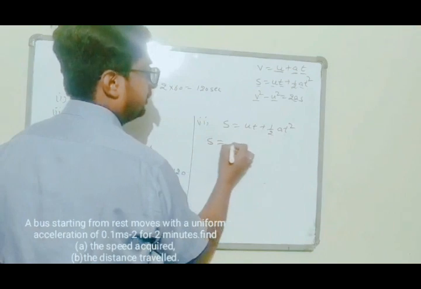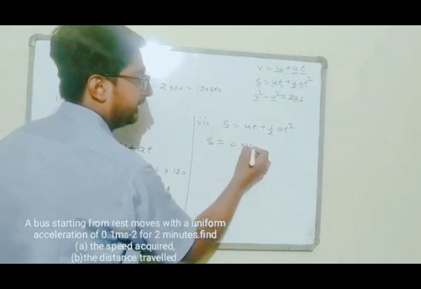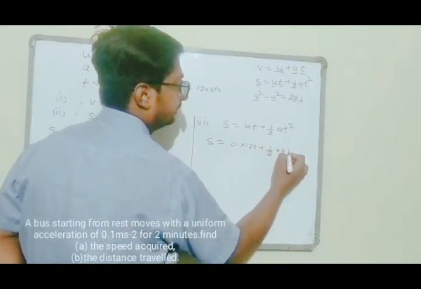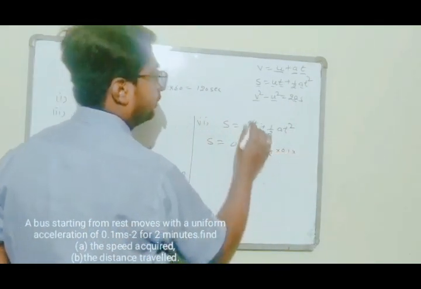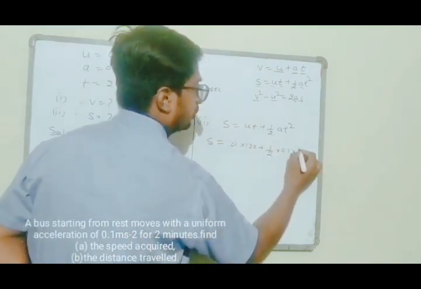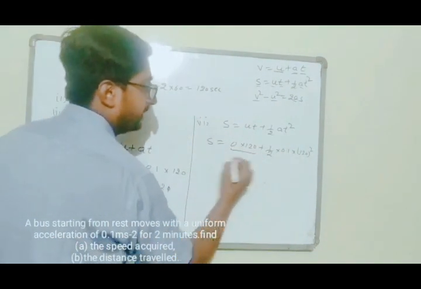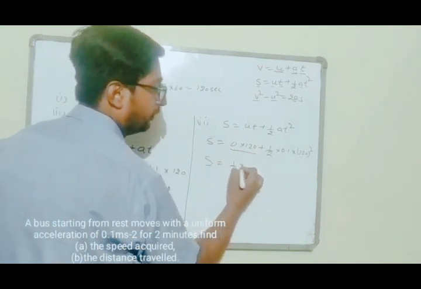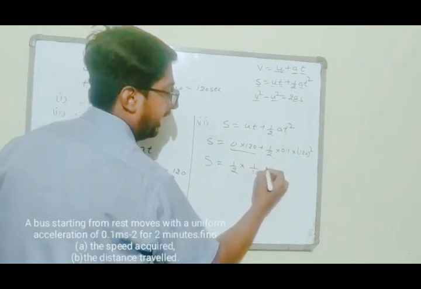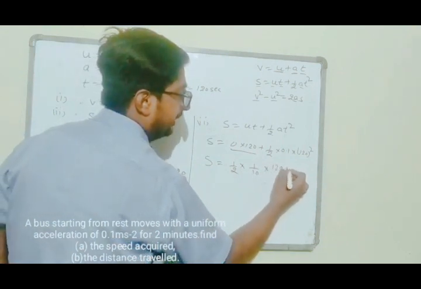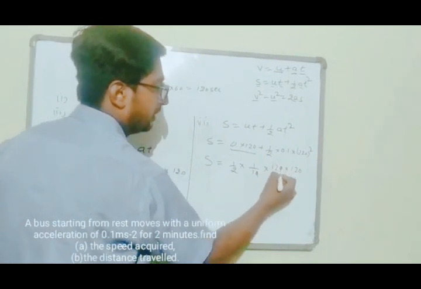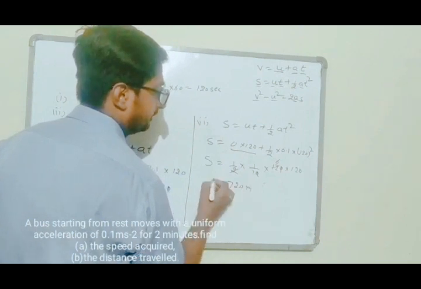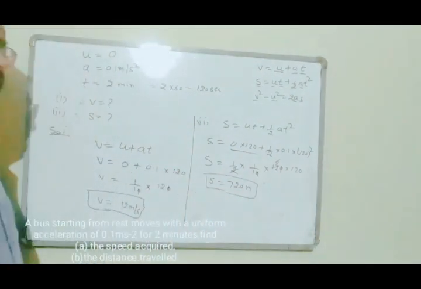S is equal to 0 times 120 plus 1 by 2 into 0.1, which can be written as 1 by 10, into 120 whole square, which is 120 into 120. The zeros cancel, 2 sixes are 12, 12 sixes are 720 meters. That is the first question.